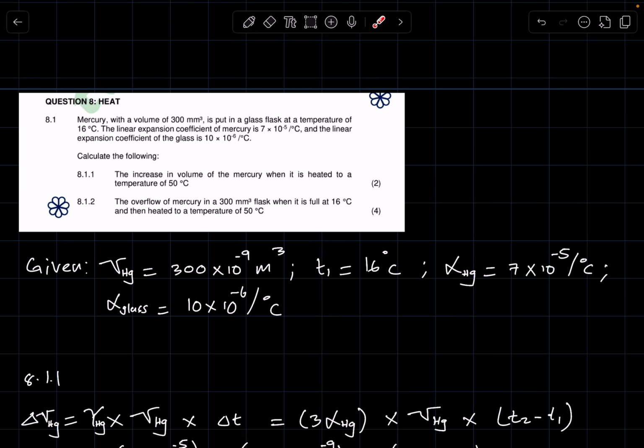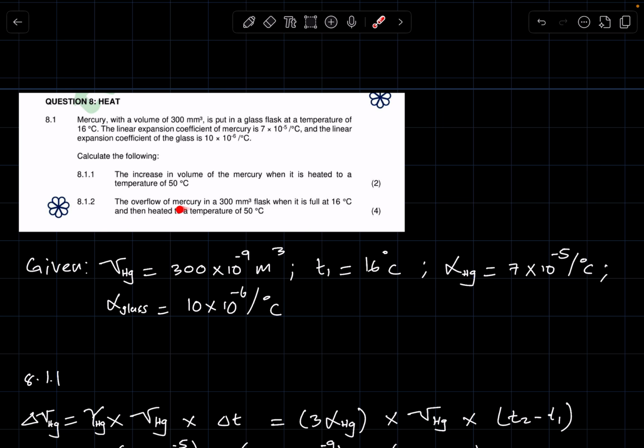So the fact that they haven't told us that means we cannot assume that there is no influence on the flask. Generally speaking, if you add heat to an element, you expect it to expand, even if the expansion is very small. So unless you've been told to ignore the expansion, you always assume that there is some expansion.